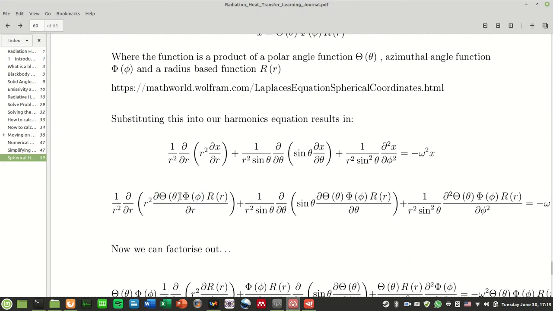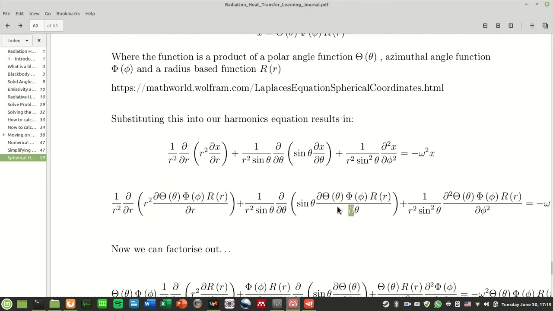All right, this one is del by del r, so it will differentiate with respect to r and keep everything else constant. That means we can factorize out this theta function and this phi function. Now we do the same for this term.